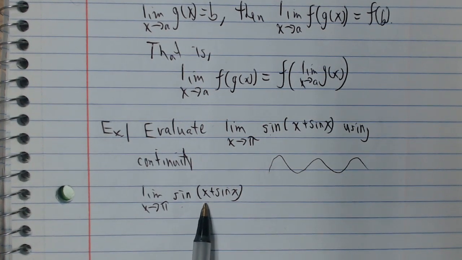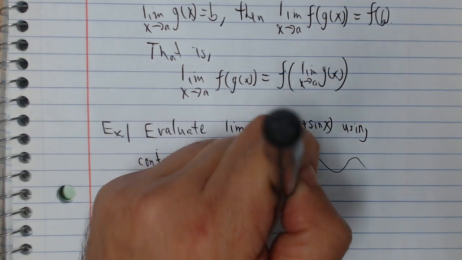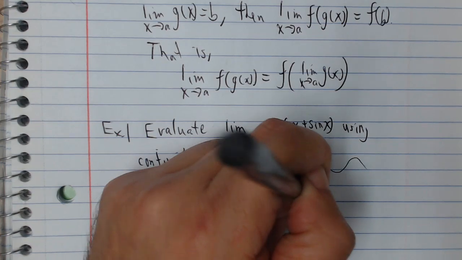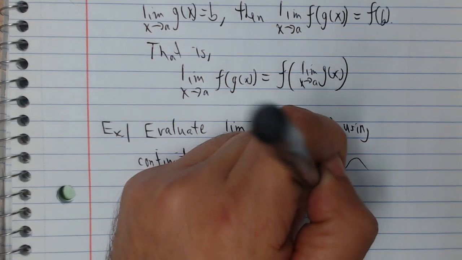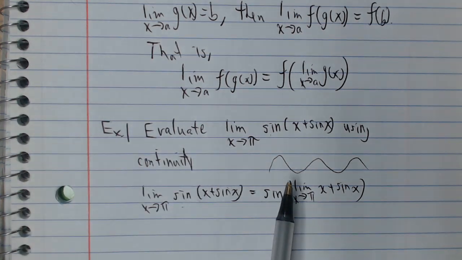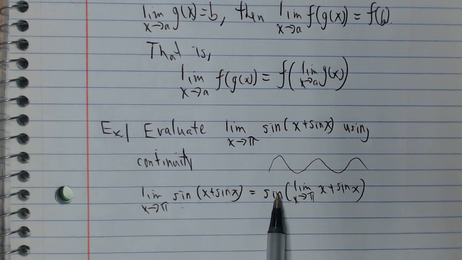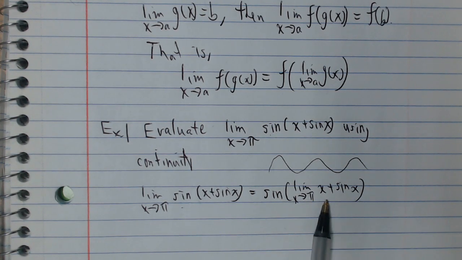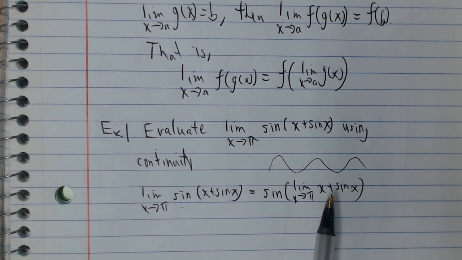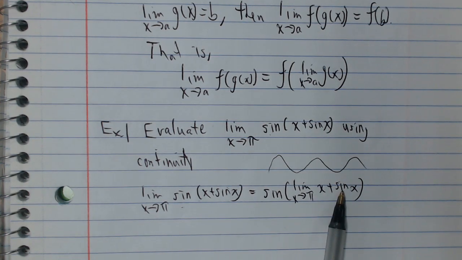So I could move the limit inside. So this equals the sine of the limit as x approaches pi of x plus sine of x. Now remember, this limit is only concerned about x values, so notice how the x values appear inside of this sine function. Now x is continuous everywhere, and if you remember, we had a theorem that said sine of x is continuous everywhere.